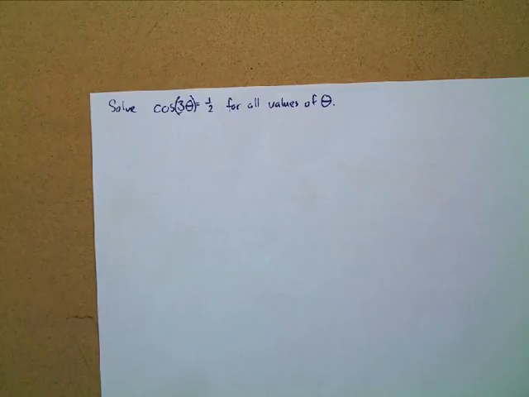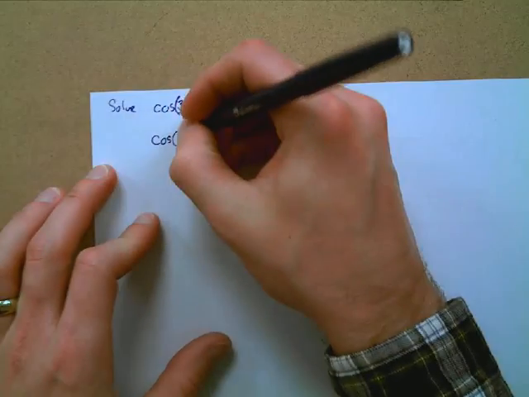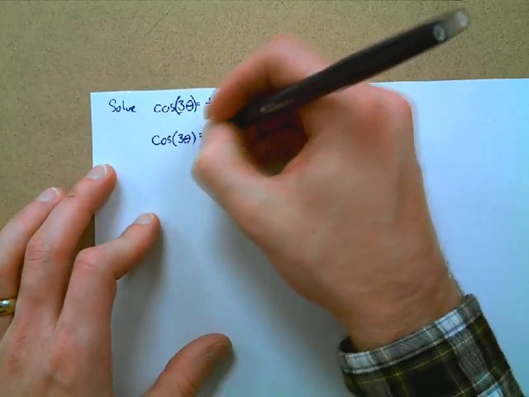Well, the way we're going to deal with this is we're going to kind of ignore the 3 theta to start things out. We're just going to say to ourselves, okay, cosine of what gives us 1/2? Which is a question we can answer.